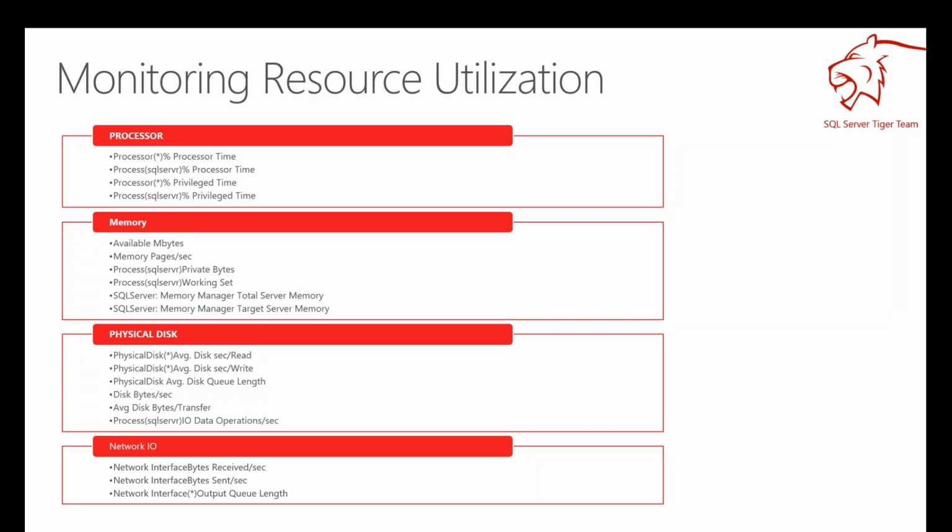Now again, as I mentioned before, these are the counters. I'm not targeting any specific scenario. Like if you have Always On in there, you might want to add a different set of counters to this list. If you are troubleshooting, or if you have Service Broker in your environment, you might have a different set of performance monitor counters added to the list.